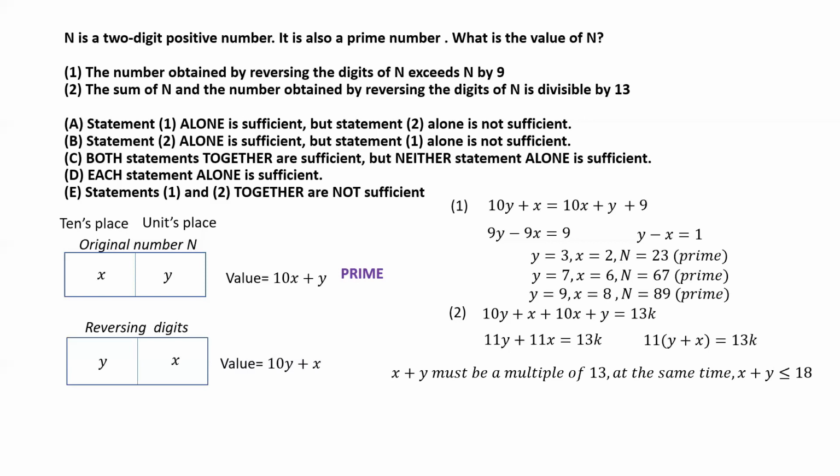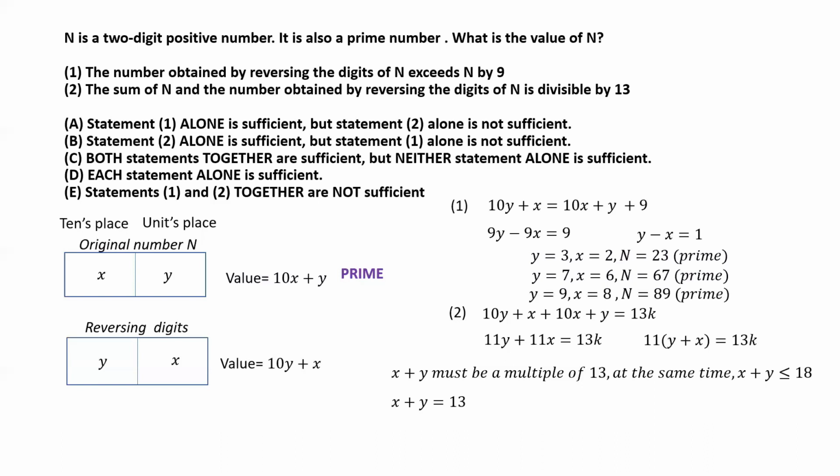So x plus y has to be less than or equal to 18. But if it's a multiple of 13, then the only multiple of 13 that's less than 18 is 13 itself, because the very next multiple of 13, which is 13 multiplied by 2, that's 26, which exceeds 18. So from this we can write that x plus y must be equal to 13.